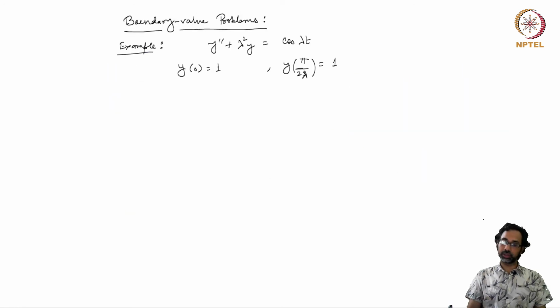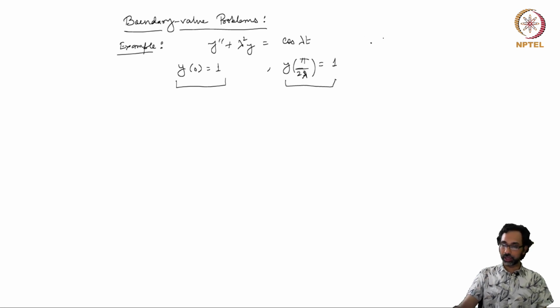Now let's come to boundary value problems. As an example, we can take the differential equation y double prime plus lambda square y equals cos lambda t. Here one of the conditions is y(0) equal to 1, but the other condition is given at a different point, and it's still for y and not the derivative: y(pi over 2 lambda) equals 1.